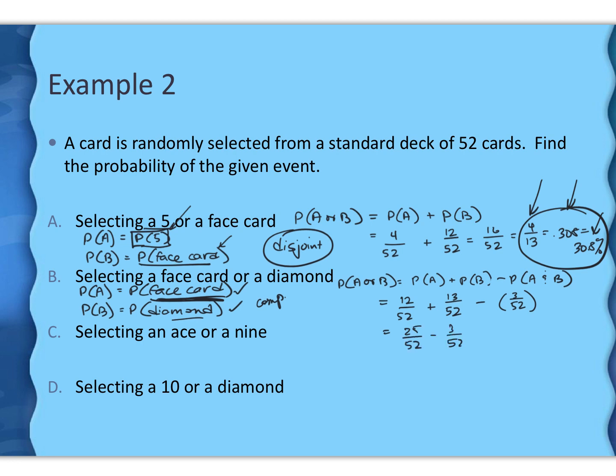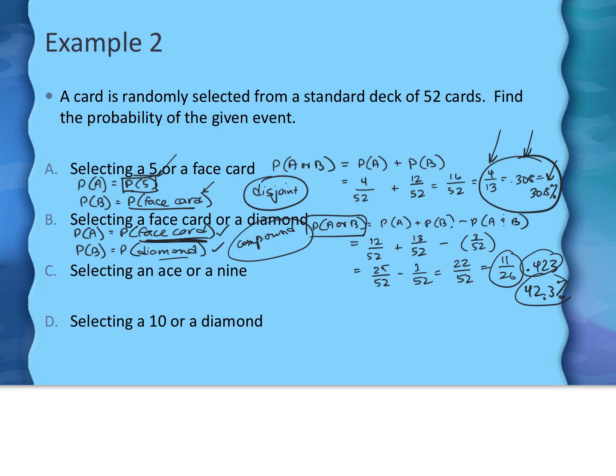And then the 3 over 52 is going to leave me with 22 over 52, which simplifies to 11 over 26. That would be a valid fraction. As a decimal, it's 0.423, and as a percent, it's 42.3%. And so that's the probability of getting event A or B to occur, being that it's a compound overlapping event.